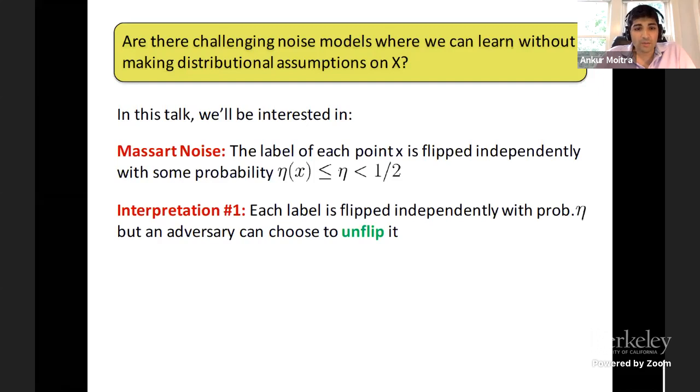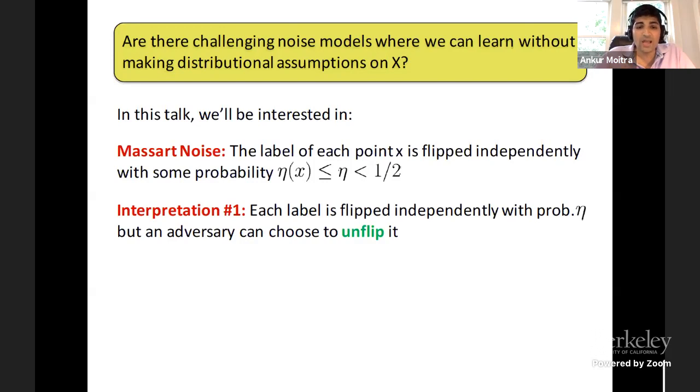There's one interpretation of the Massart noise model that'll help you wrap your head around it. And then I'll give you an alternative interpretation that I'm very partial to. That's not quite the same thing, but it's morally the same thing. Imagine that you started off with your random classification noise model, where you flip each label independently with probability eta. So you flip every label with probability a third.